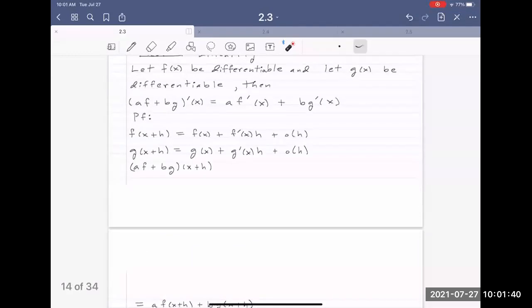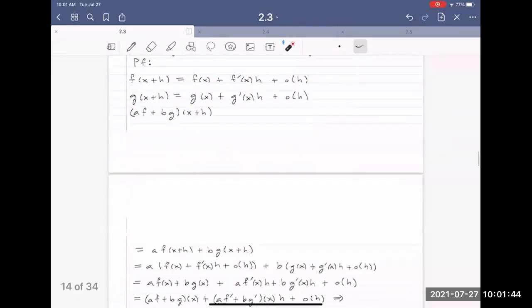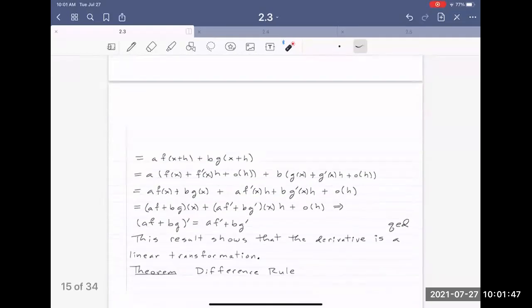Well, I know what f of x plus h is and g of x plus h. So this is equal to a times the quantity f of x plus f prime of x times h plus little o of h, plus b times the quantity g of x plus g prime of x times h plus little o of h.